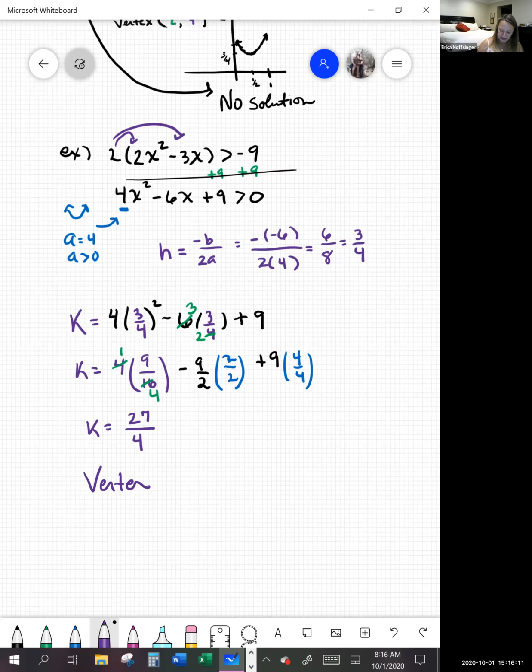It makes more sense to me if I divide that. 4 goes in there six times, which is 24 with a remainder of 3. So it's 6 3/4. So the vertex is at 3/4 and 6 3/4.